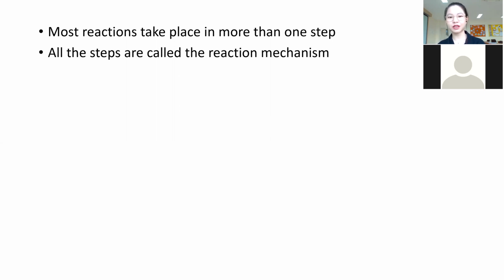So I'll show you an example later, but even something like my usual example of A plus B reacts into C. This might be the overall reaction, but there could be intermediate steps like this.